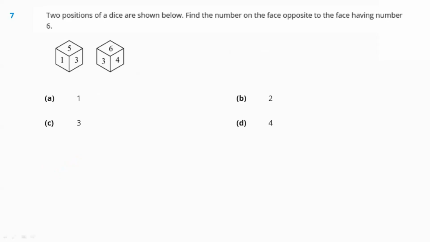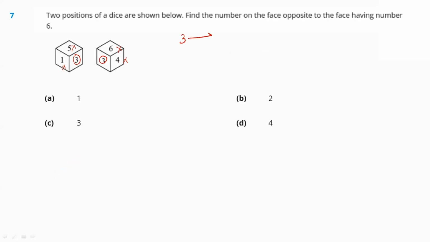Next, the two opposite positions of a dice are shown below. Find the number on the face opposite of the face having number 6. So digit 3 is present here, and digit 3 is present here. Definitely, opposite to 3 is not 6, not 4, not 5, and not 1.